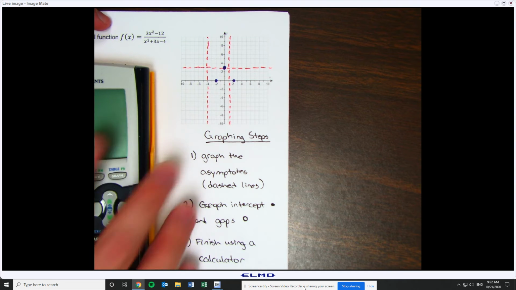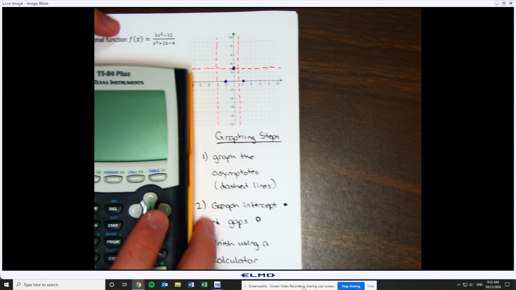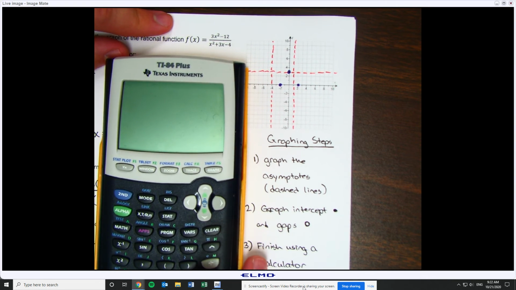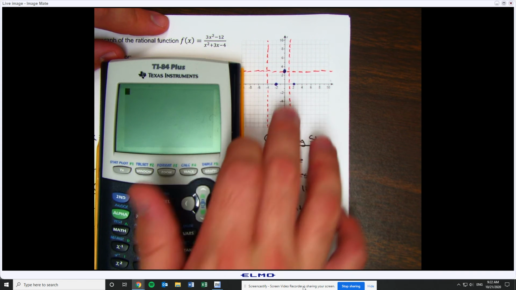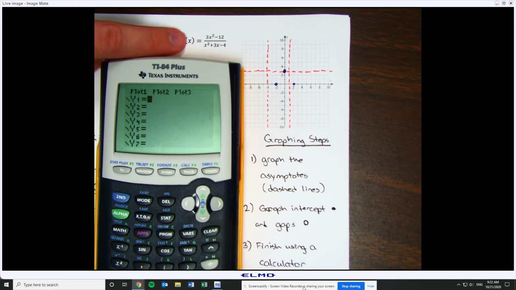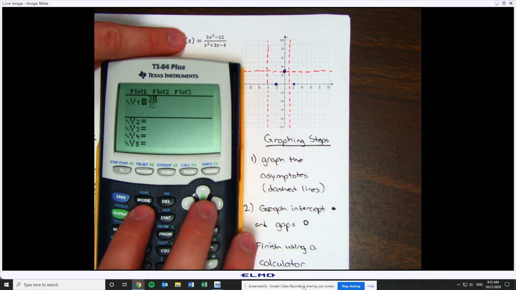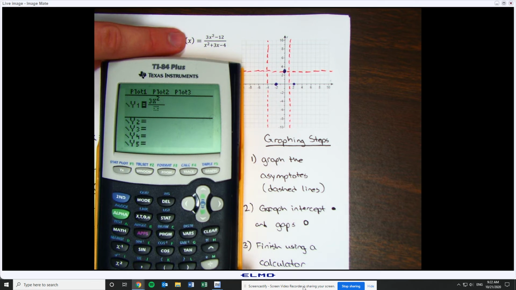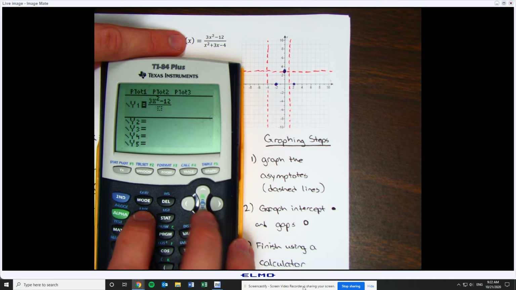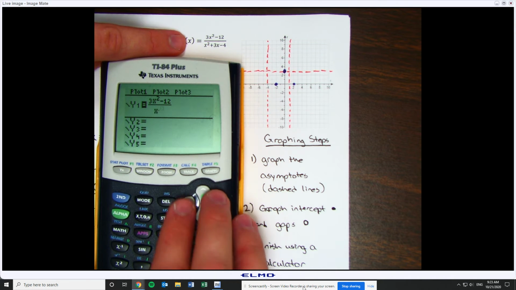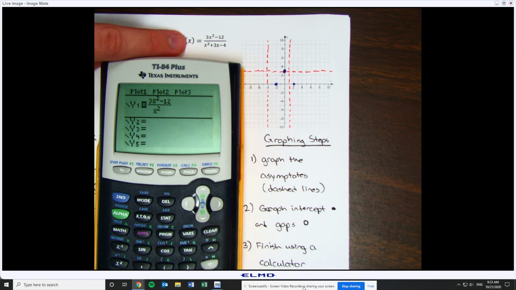Now to finish this, we're going to put the entire thing into our graphing calculator and use this as an outline. So putting this into whatever graphing utensil that you use. X squared, there we go. Plus 3x minus 4.